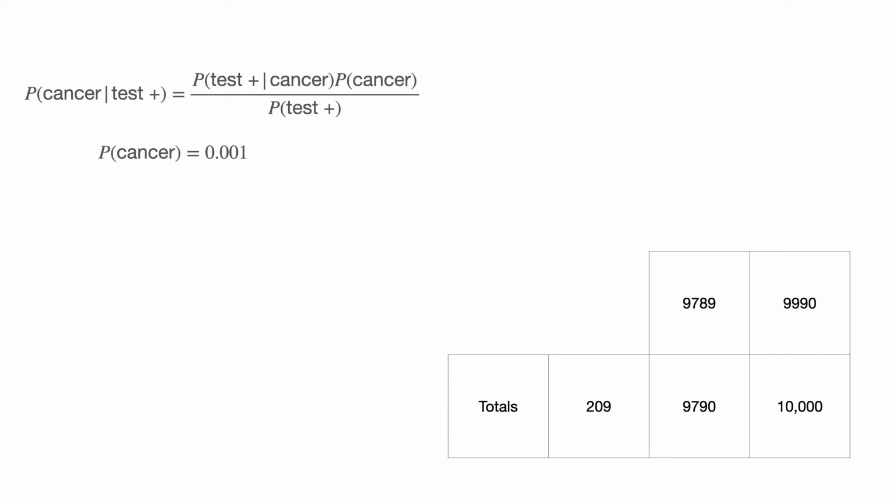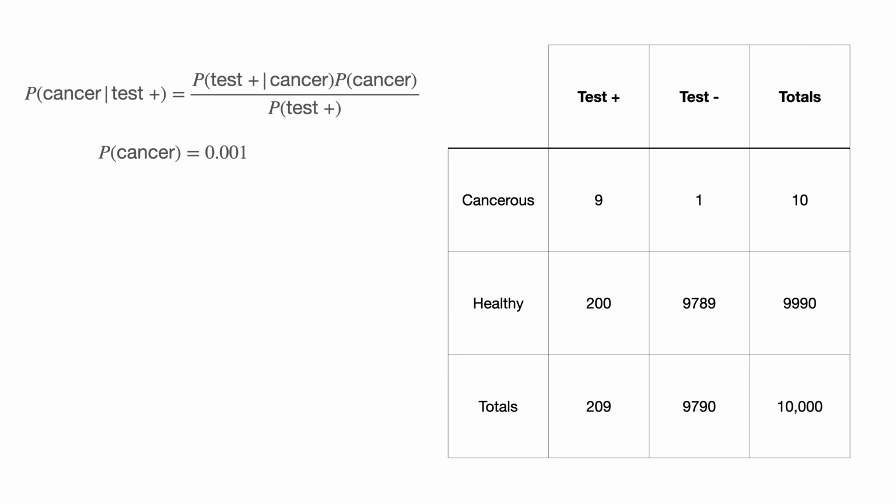So given our table, which I am sad to say is still animated, we can ask: I got a positive test, I'm one of these people in this column. Should I be running around screaming and freaking out that I have cancer? Application of Bayes' rule will show us whether or not we should freak out at this point.